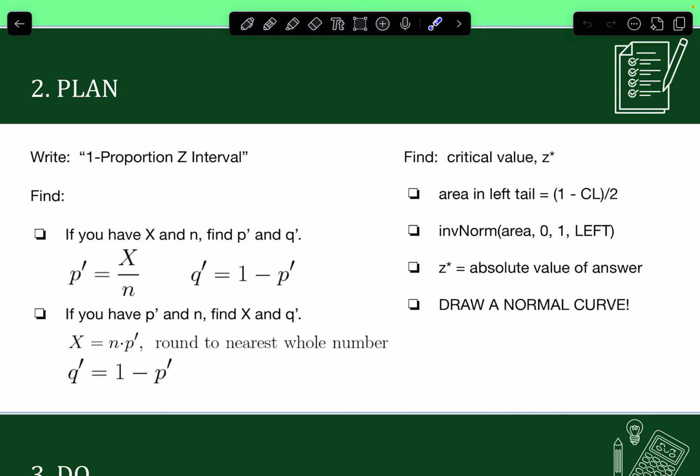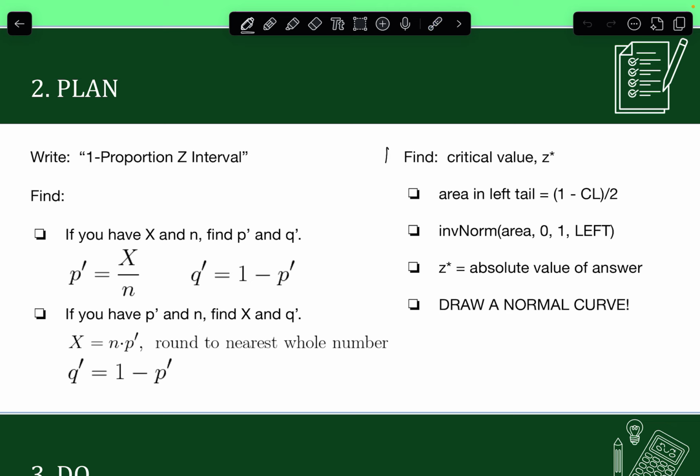You'll find your critical value here, just like we did before. And for proportions, it's always the standard normal, because we are approximating the binomial with the normal. There are 2 checks that you should do here that sometimes pop up.